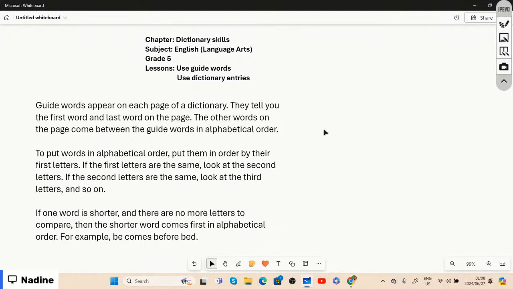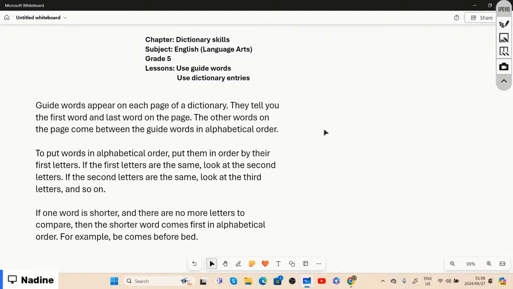But when looking for words and their meanings, there are certain guide words that guide you when looking for specific words.